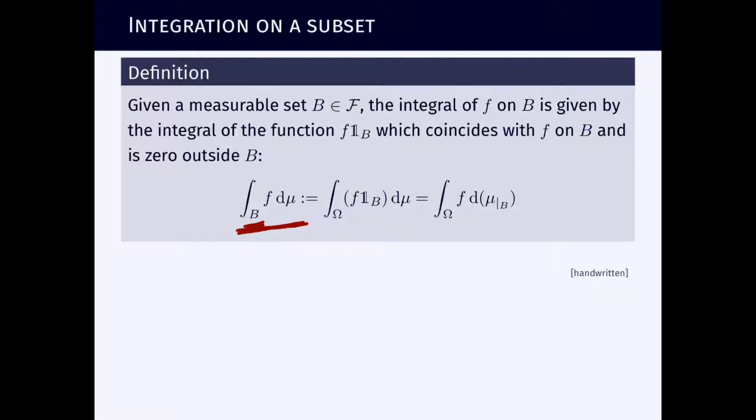Well, this is by definition: replace the function to be integrated by a function which is 0 outside the set and which coincides with f on this set, which is exactly represented by this function here. It's function f multiplied by the indicator function of the set B. So we integrate that with respect to the original measure mu on the measure space omega.